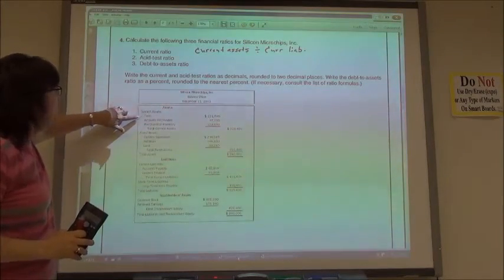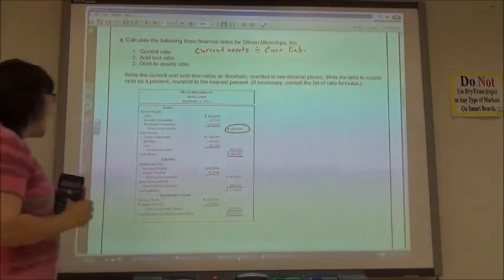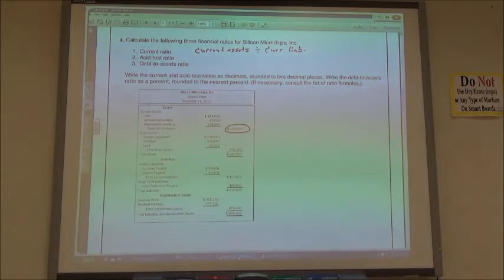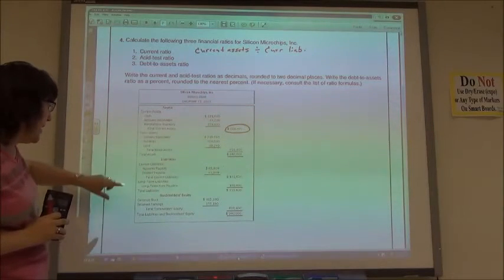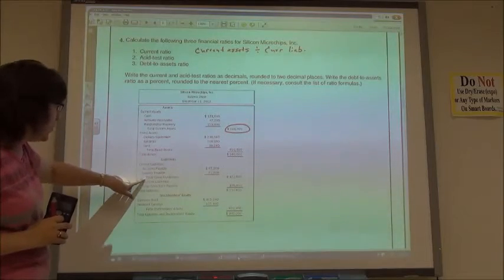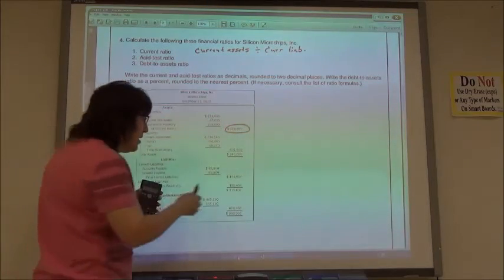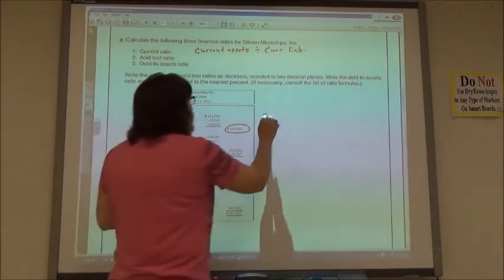Current assets, my total of my current assets, $338,400. Then I'm going to divide that by my current liabilities. So here's my liabilities. So my current liabilities total of current liabilities, $131,600.